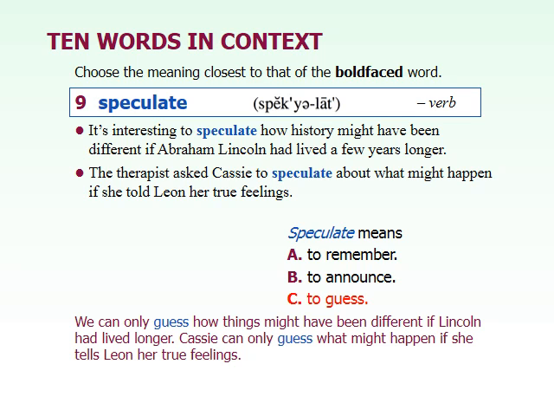In the second one, speculating what might happen if she told Leon her true feelings, you're making a guess as to how things would look if this certain thing had happened. So when we talk about speculate, we're talking about two things. One thing is we're saying what the future would look like, but the second thing is the if part. If something had happened, what would things look like?